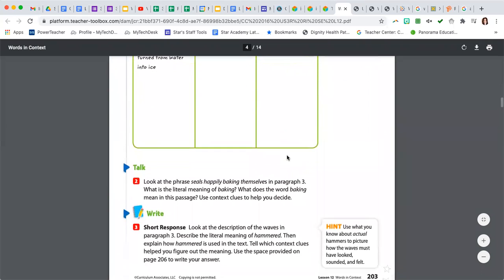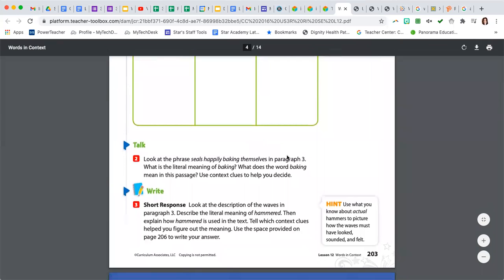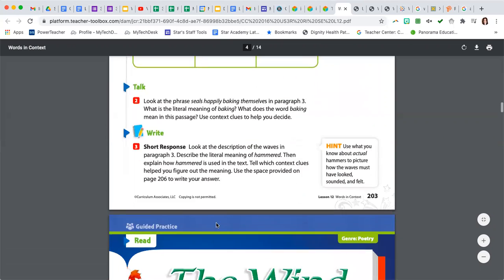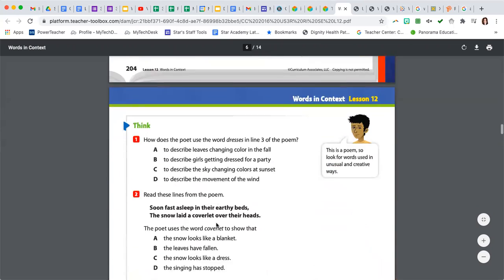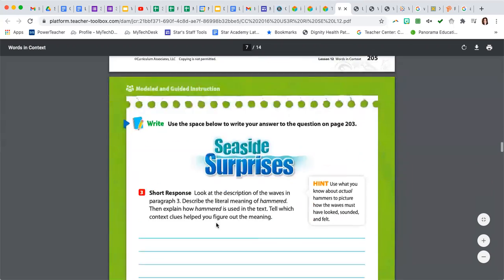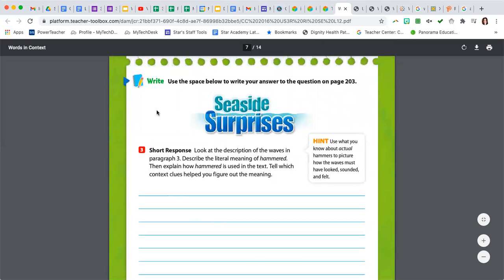And then we are going to proceed to the short response down here at the bottom, but it is also on page 206. It says, look at the description of the waves in paragraph 3. Describe the literal meaning of hammered.